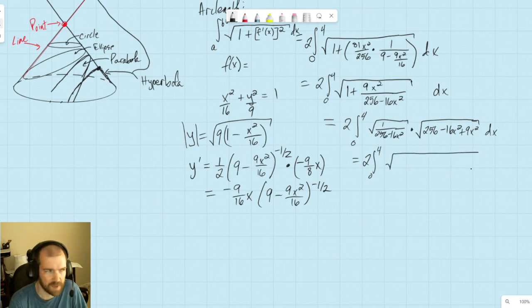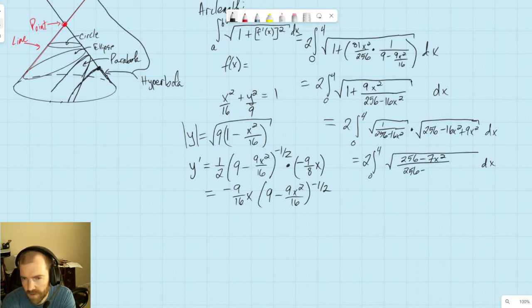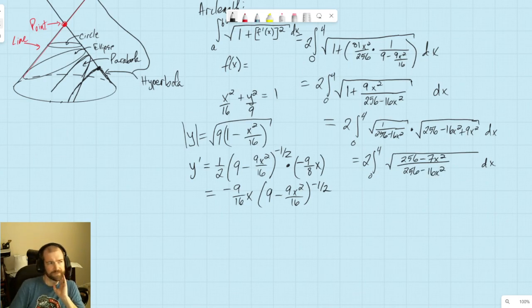Alright, I just needed to separate that for a second, so it's not a big deal. But this is going to be 256 minus 7x squared over 256 minus 16x squared?